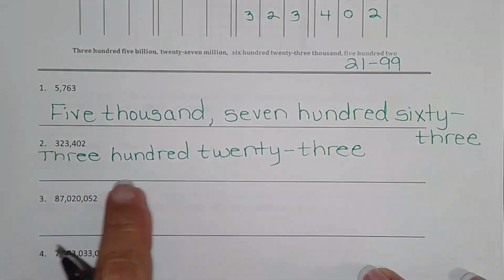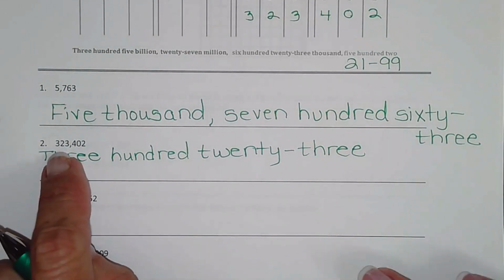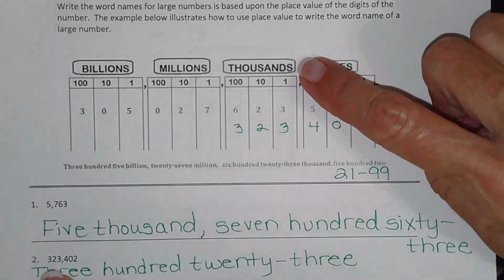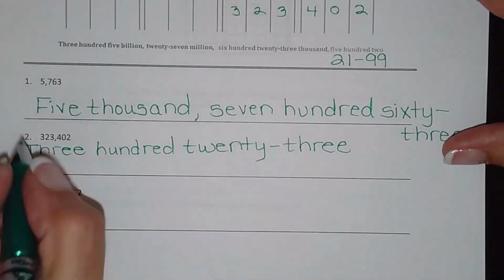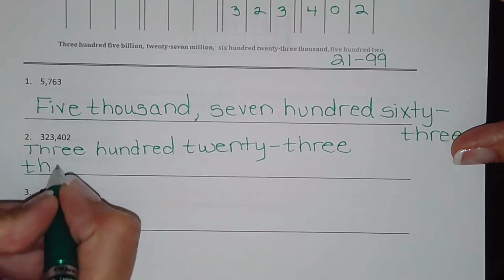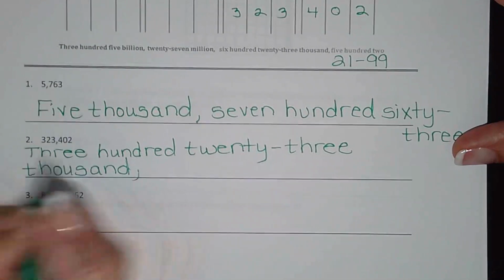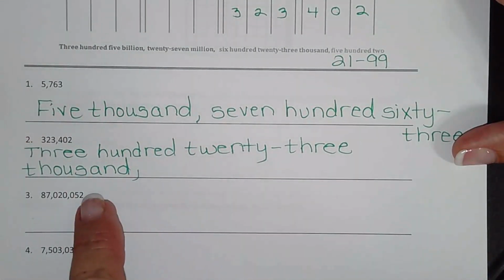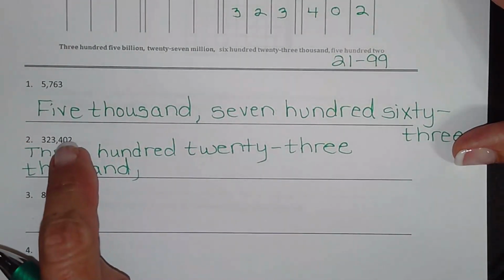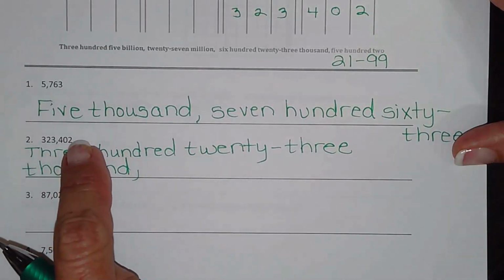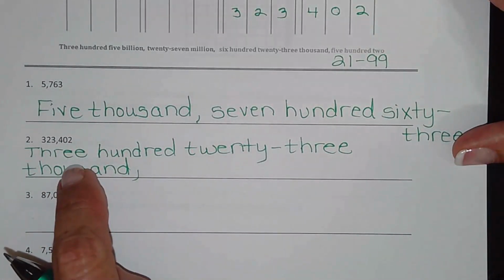So 323, then you name the place value, 1,000, then you put your comma in after you've named that place value. So 323,402, not "and" 2, just 402.